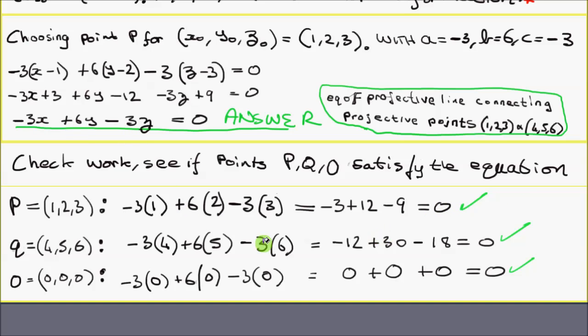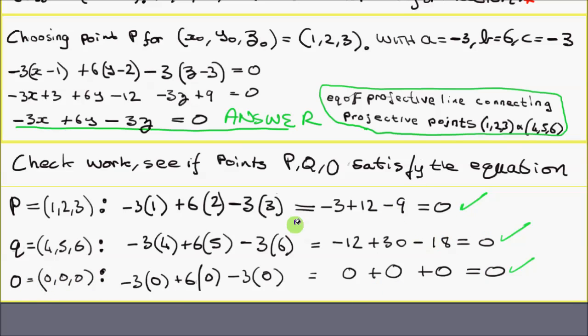So the point with coordinates 1, 2, 3 is on our plane, or the projective point 1, 2, 3 is on the projective equation for the line. Point Q, which is 4, 5, 6, plug in, we also end up with 0, which shows that this projective point is on the projective equation of the line connecting them. And lastly, plugging in 0, 0, 0 gives me in fact 0.